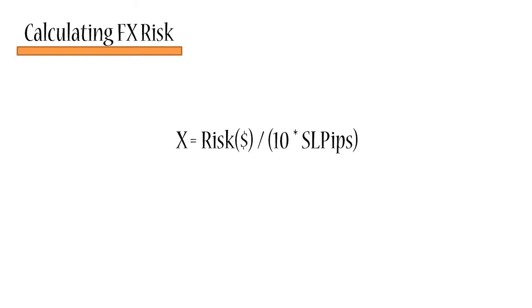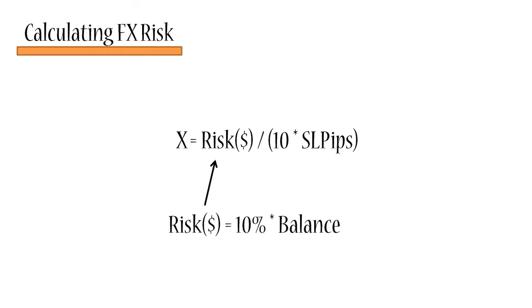To calculate volume of a trade, which is X in this equation, we have to divide the risk in dollar terms by 10 multiplied by the stop loss pips value. Here the stop loss pips value is at how many pips the stop loss has been set, and risk in dollar terms is the amount of money that we are prepared to lose if this is a loss trade.